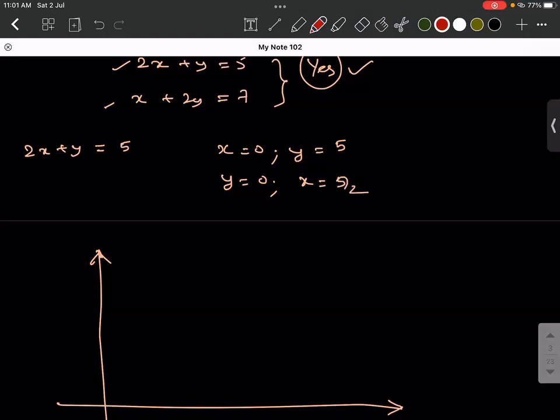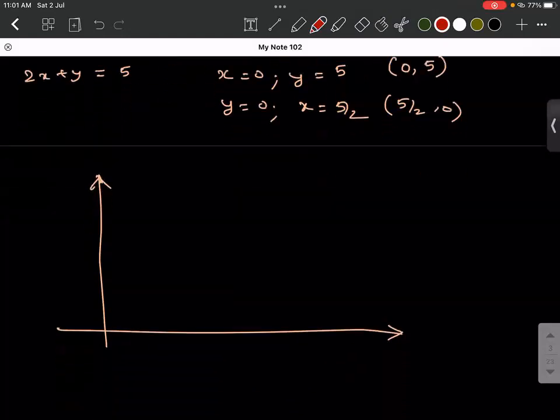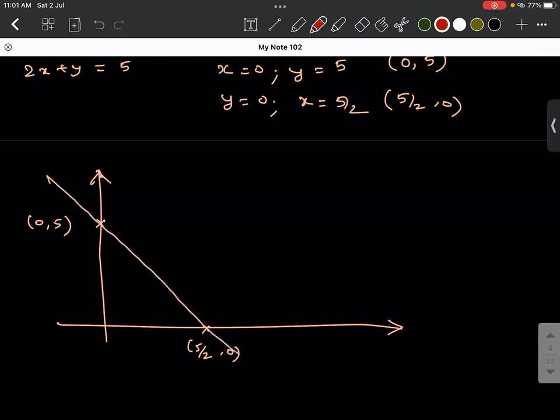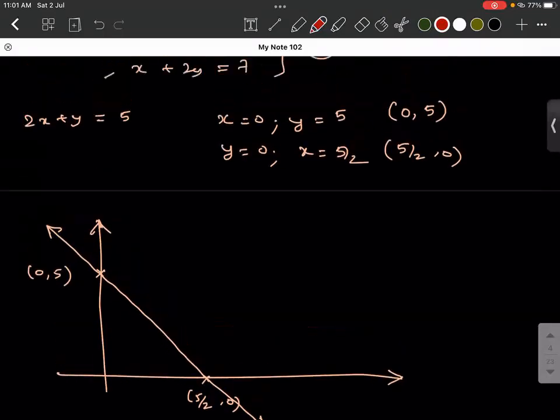Okay. So what is this coordinate? 0, comma 5. What is this coordinate? It is 5 by 2, comma 0. You need to be careful. So 0, comma 5 lies on the y-axis and 5 by 2, comma 0 lies on the x-axis. When I join these 2 points, what is the equation of this line? 2x plus y is equal to 5.